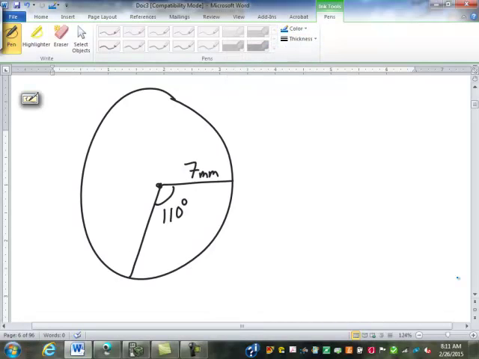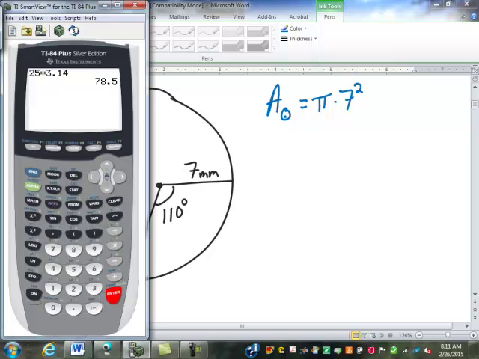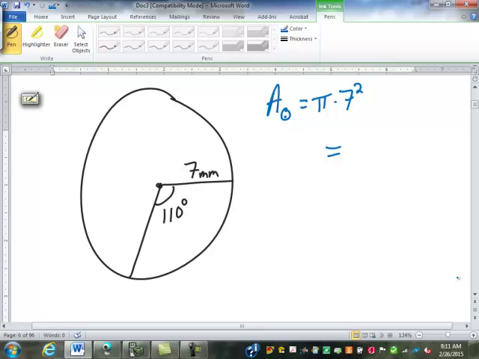So our first step is always to find what? Area of the whole circle, which will be pi times 7 squared. So in this case, I'm just going to use 3.14 times 7 squared, which is 49. 153.86, does that sound right? Millimeters squared. That's the whole circle.